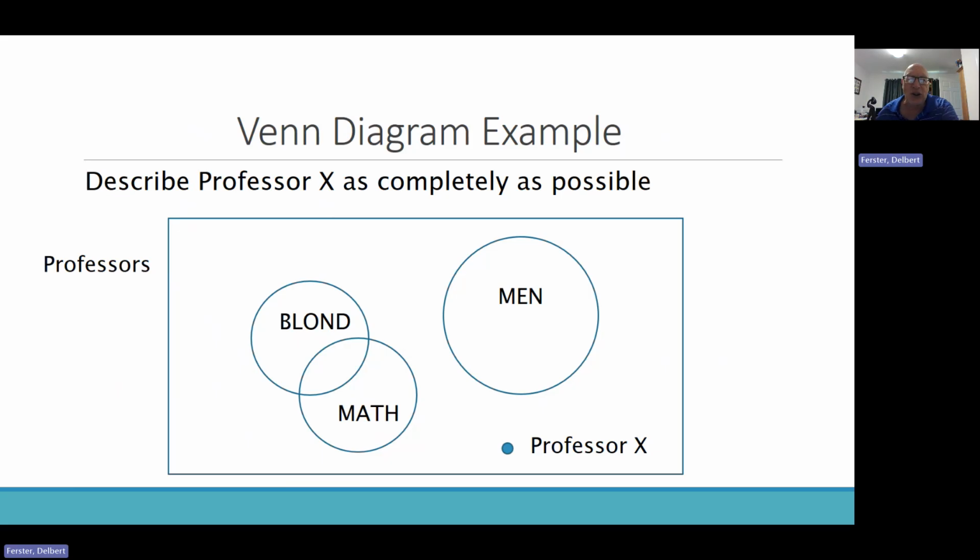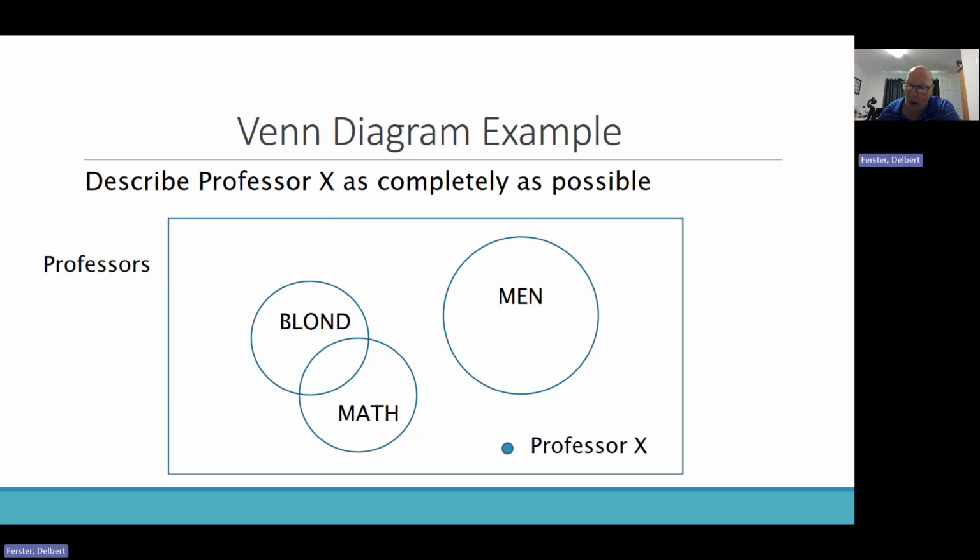All right, so what we're going to ask you to do on this particular Venn diagram is describe the dot down there that represents Professor X as completely as you can. Please notice that Professor X doesn't appear to be inside any of the circles that are highlighted in this Venn. So Professor X doesn't appear to be a man, doesn't appear to have blonde hair, and doesn't appear to be an instructor of mathematics.